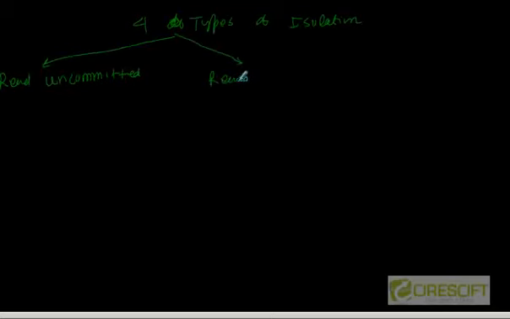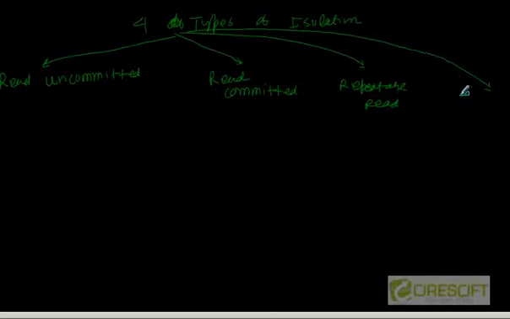Those isolations are number one, read uncommitted, then number two, read committed, number three, repeatable read, and number four, serializable. These are the four different types of isolation.